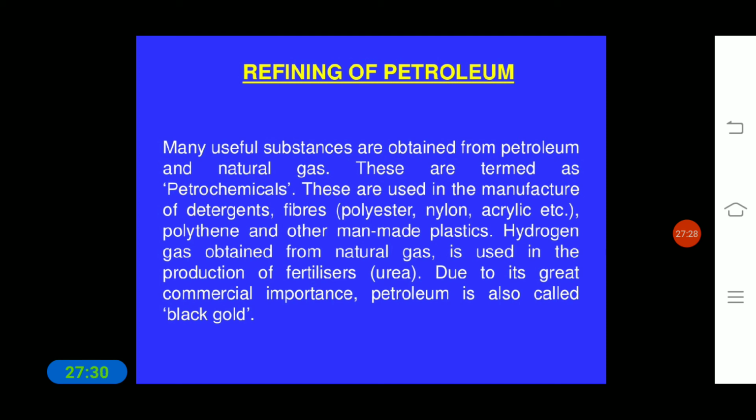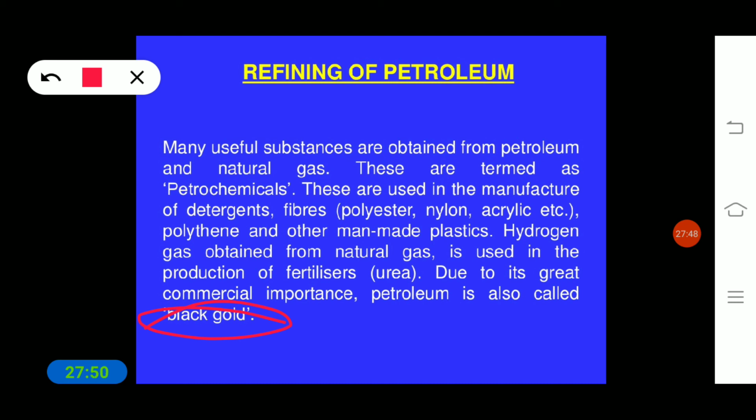Due to its great commercial importance, petroleum is also called what? Black gold. This is because of its great commercial importance, as we get so many useful products from this petroleum.